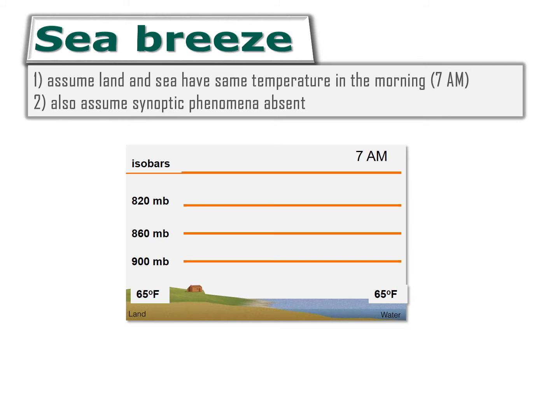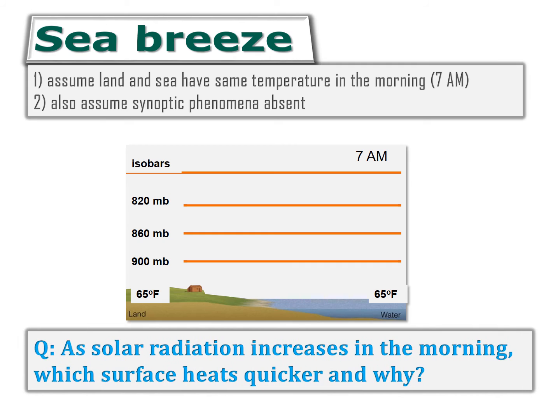So you see the pressure as a bar is straight. At the low level, pressure is higher. At the high level, pressure is lower.